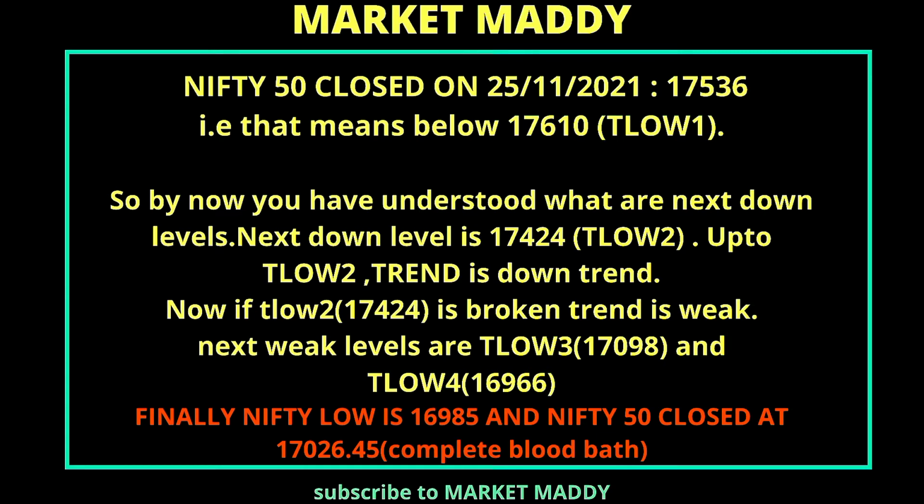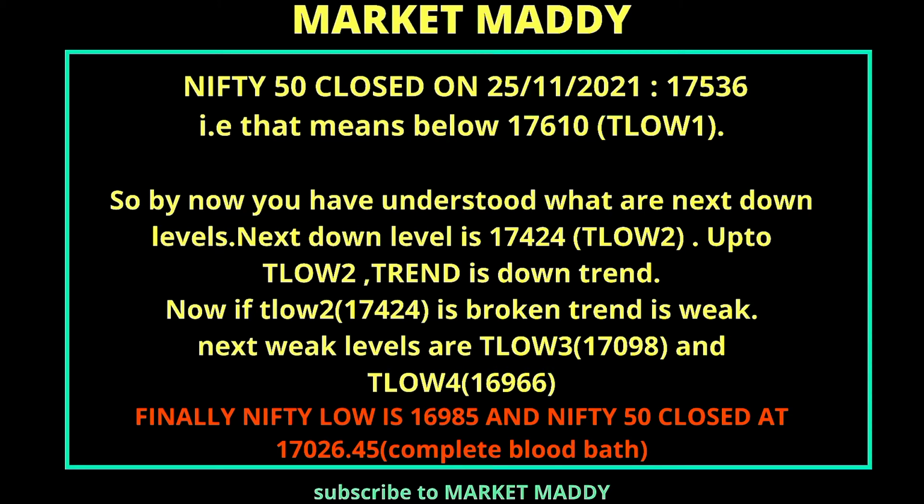And once it breaks T low 2, 17,424, it is very clear for us that it is supposed to go to T low 4. T low 3 comes first. That is, T low 3 is 17,098. And T low 4 is 16,966. And it almost went to that; 16,985 is yesterday's level.